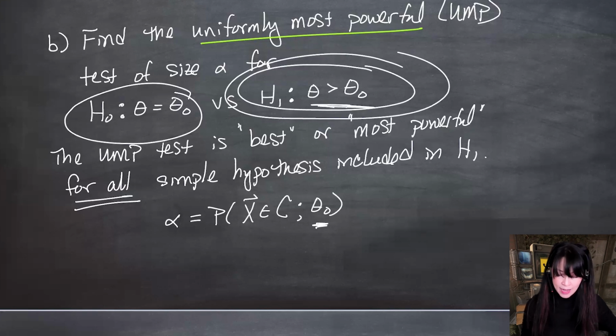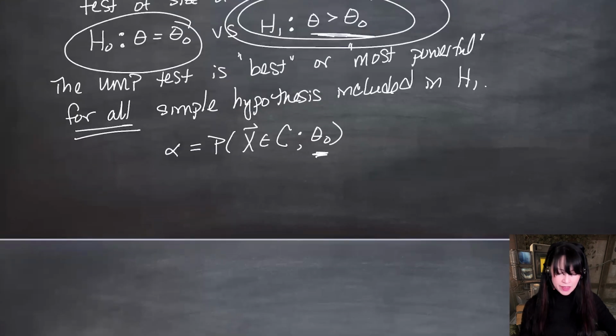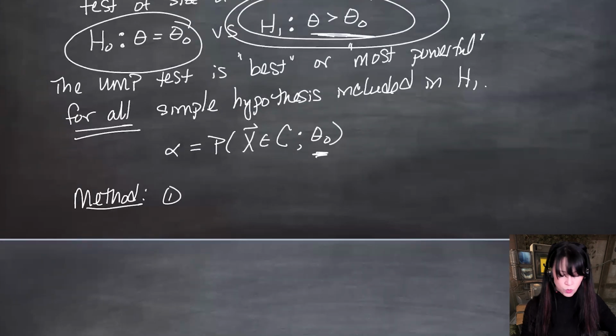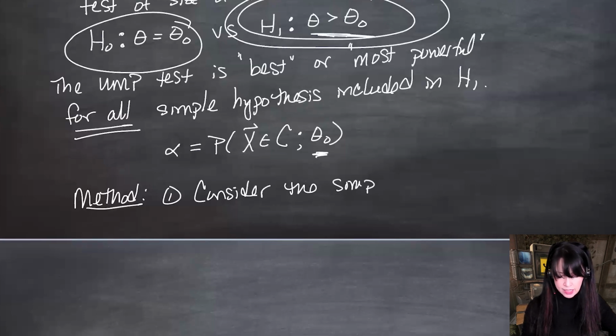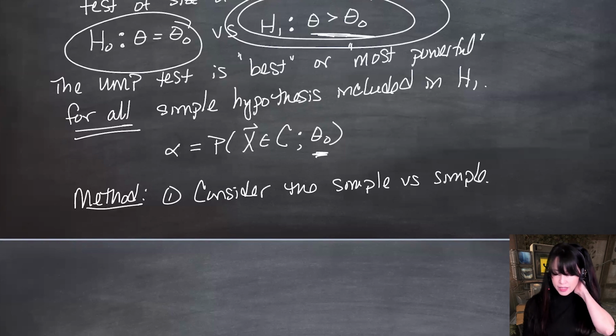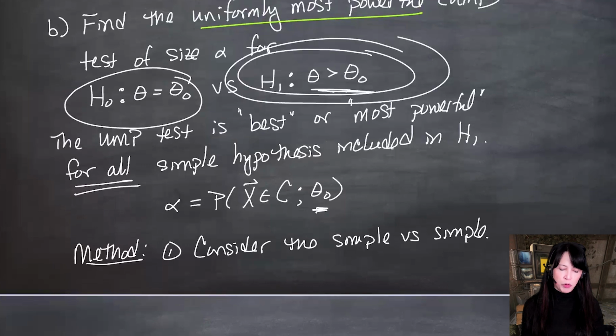is the method is going to be, step one, to first consider the simple versus simple. So maybe this wasn't a part B, but you were given this beta stuff and you wanted to find a uniformly most powerful test for the circled hypotheses.